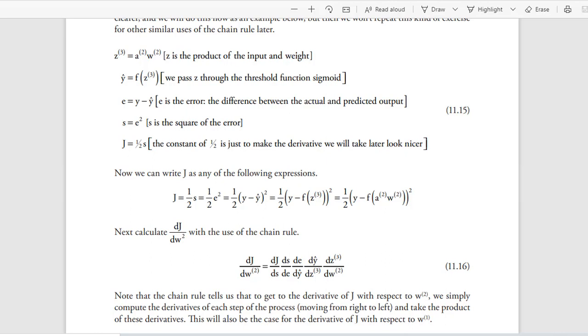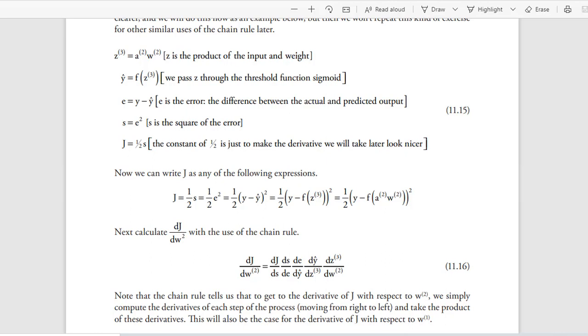Sorry. And that may ring a bell. That may ring the bell of gradient descent. That is, we want to go in the direction so that J will decrease. So J is this function that we've been talking about.